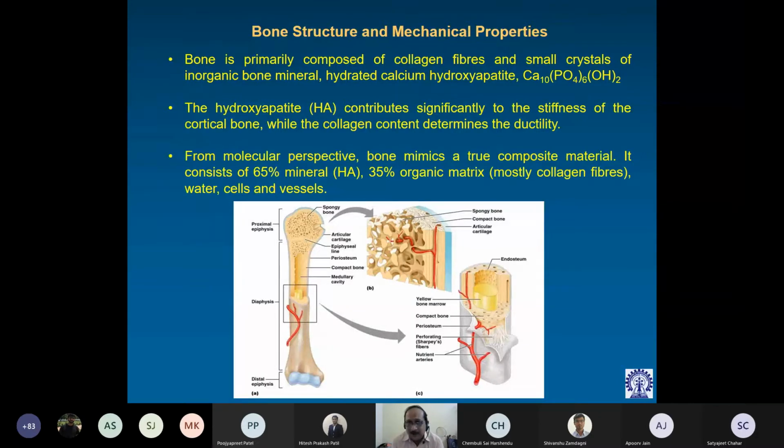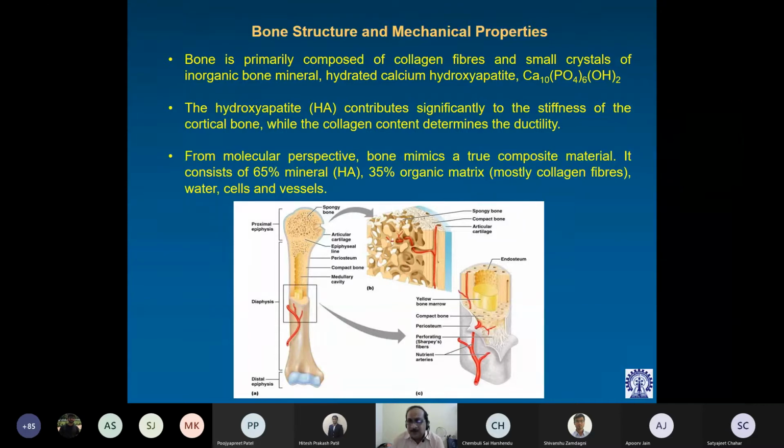We will discuss this a little later. But from molecular perspective, bone mimics a true composite material. It consists of 65% minerals, that is hydroxyapatite, and 35% of organic collagen fiber. Okay, as I told you, collagen fiber are actually organic matrix, and the inorganic part is the bone mineral, hydrated calcium hydroxyapatite.